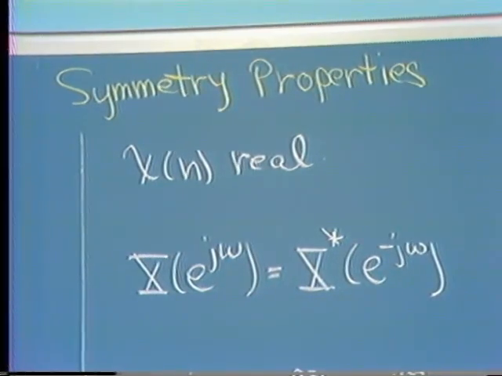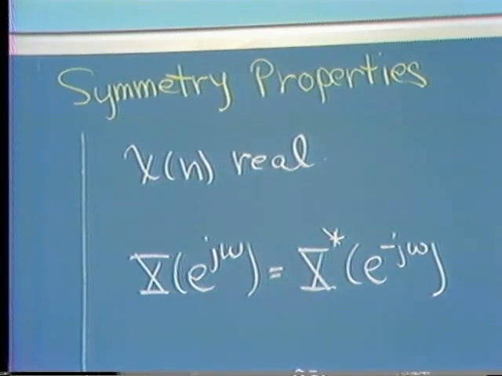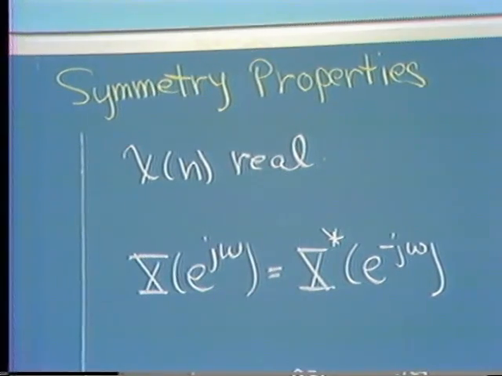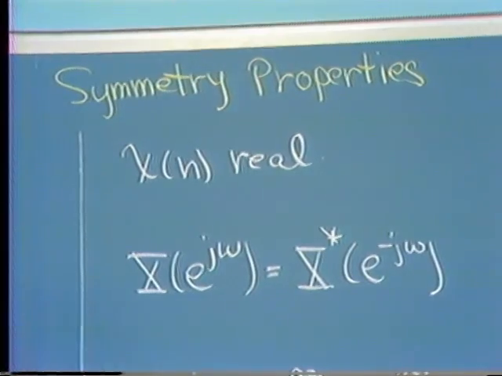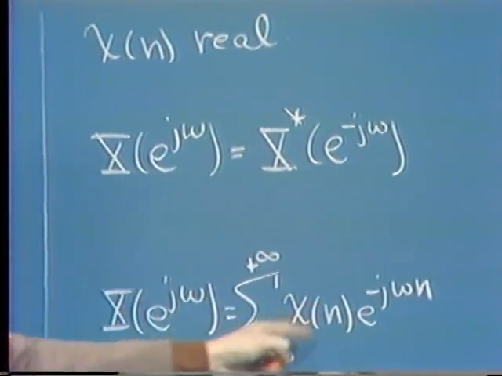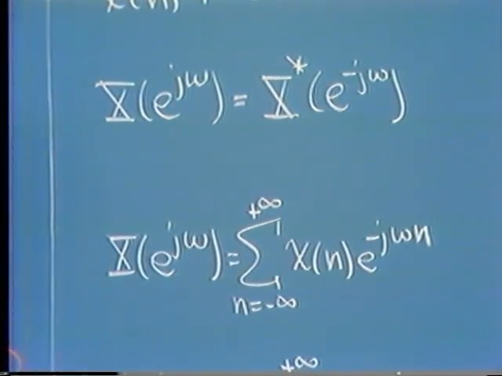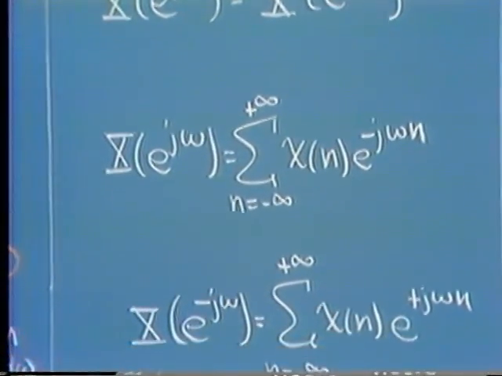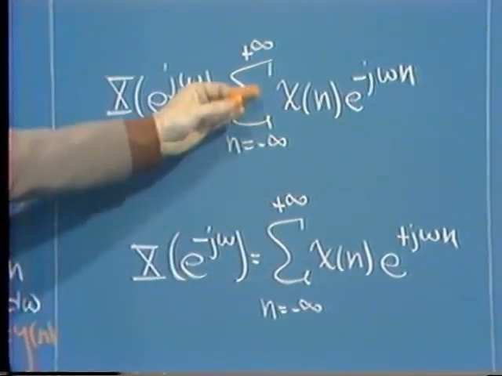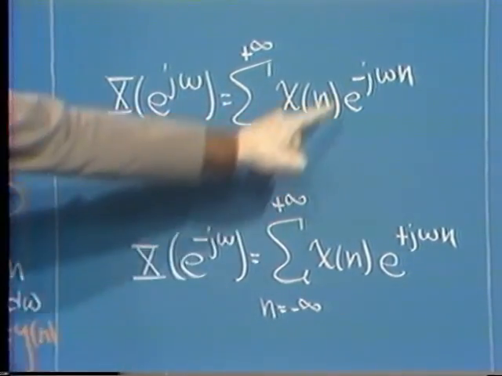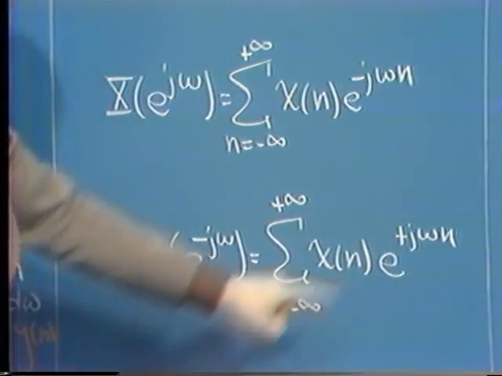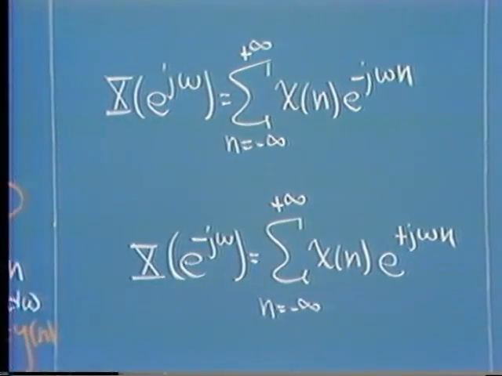And we can see that essentially in a straightforward way. That is, the derivation is effectively straightforward. Here's x of e to the j omega, the sum of x of n e to the minus j omega n. Here is x of e to the minus j omega. Well, the only difference between that and that is that we replace omega by minus omega, so this becomes a plus sign.